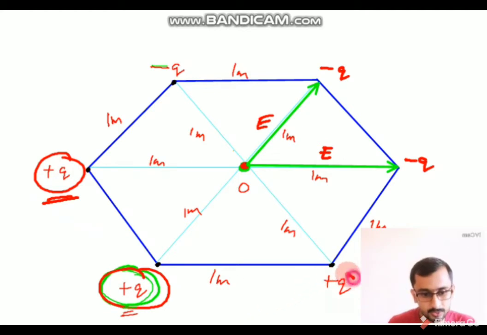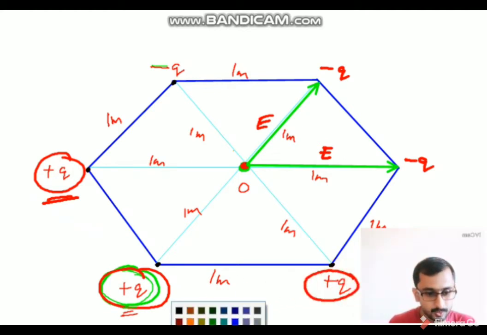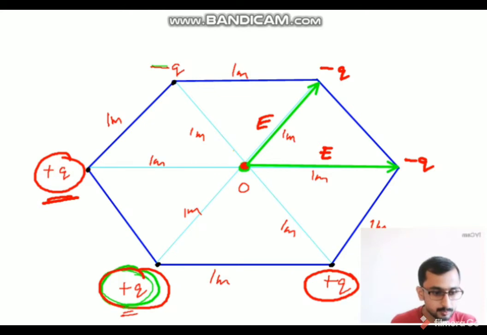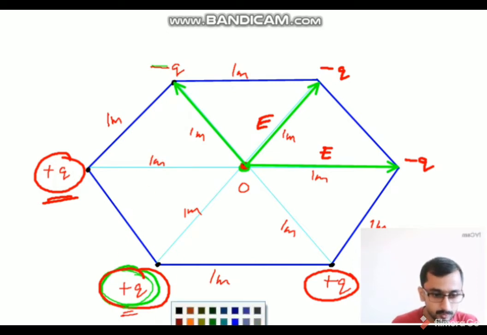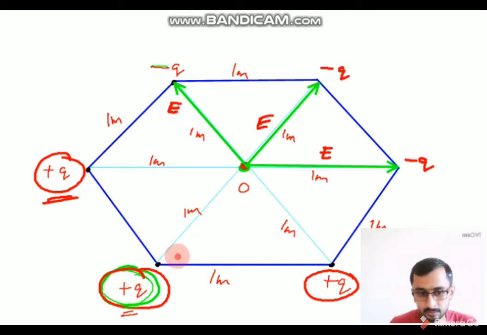Similarly, if you consider this particular charge, again the electric field at this particular point O will be along this direction. Then what about magnitude? Again the magnitude is E. I hope it is clear. So due to this charge, electric field at this particular point will be along this direction. Similarly, due to this, electric field is along this direction, and due to this, electric field is along this direction.